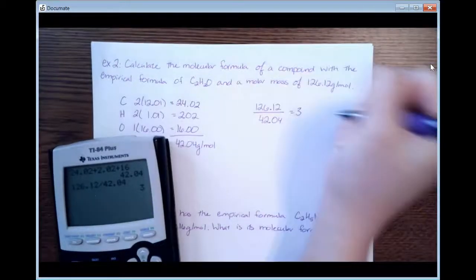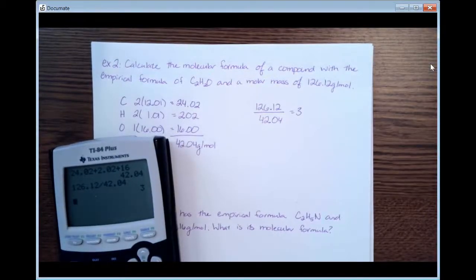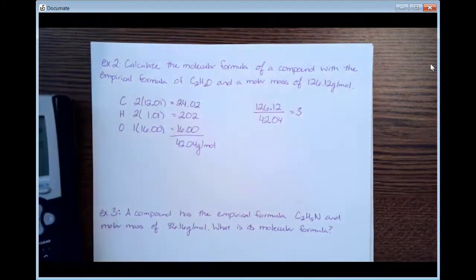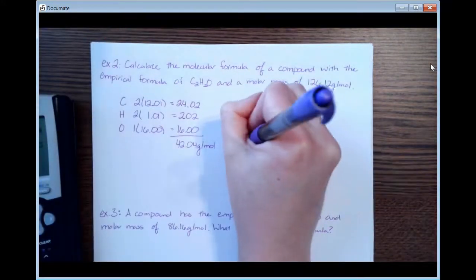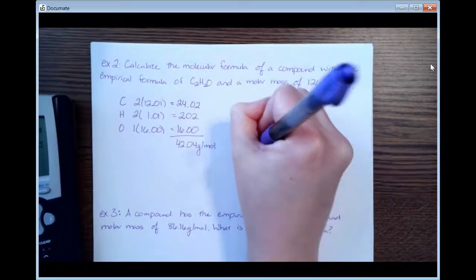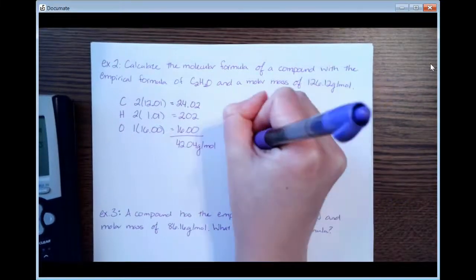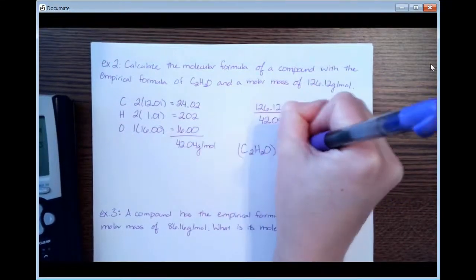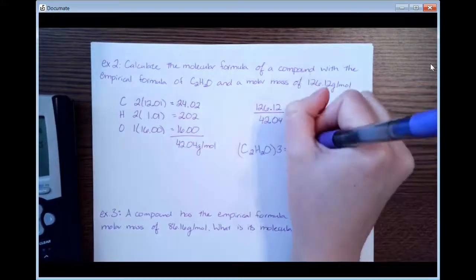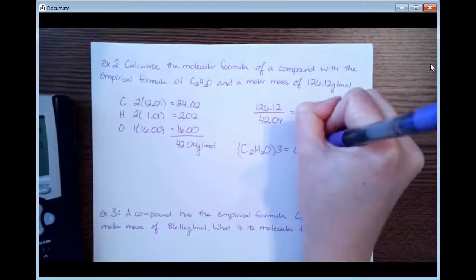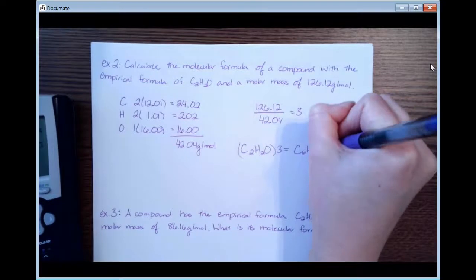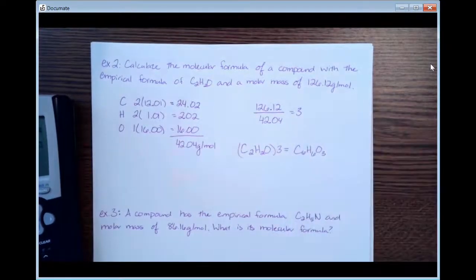Okay, so I know I need to take the empirical formula and multiply it by 3. So C2H2O, and I'm going to multiply that by 3, which gives me C6H6O3. Okay, so that is my molecular formula.